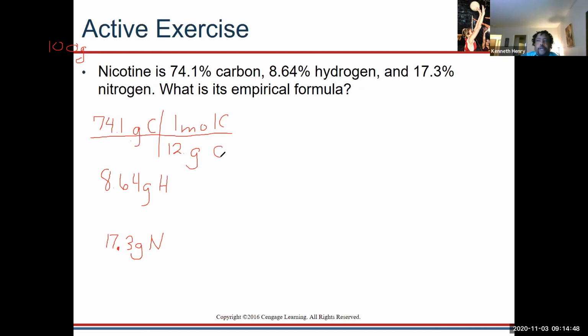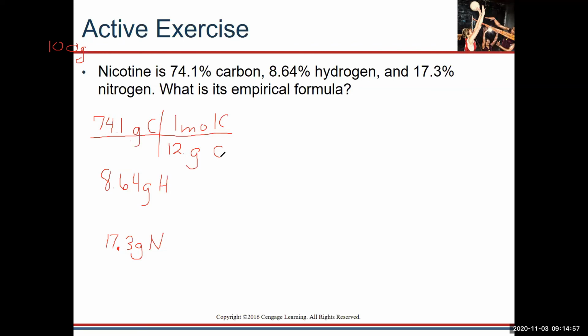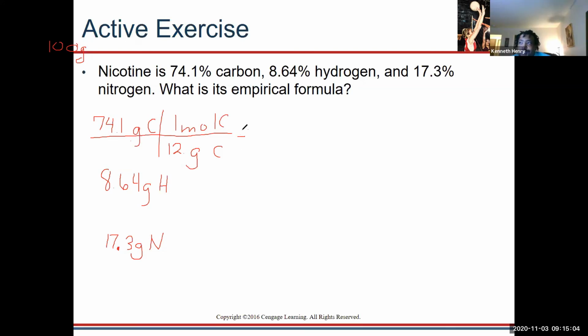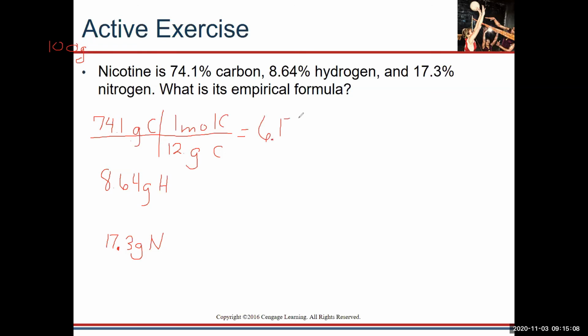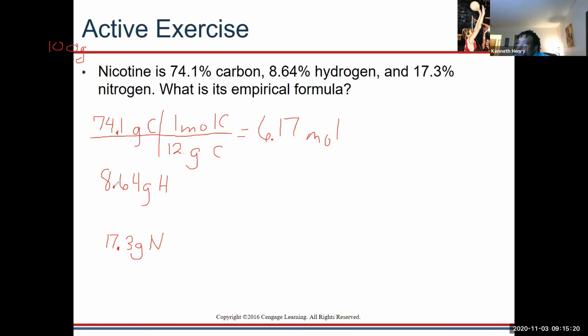If I divide that by 12, what am I going to get? 6.17. That's a decimal point. I know they're hard to see sometimes.